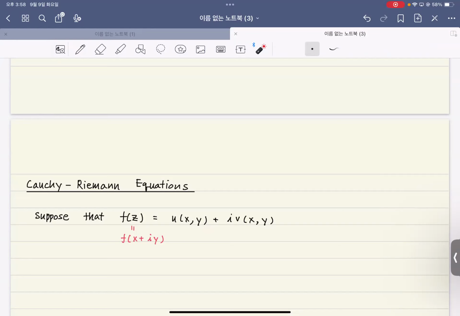Okay, and since these two functions, u and v, both depend on the x coordinate and the y coordinate, please allow me to write them as u of x and y, and v of x and y. All right. And suppose that this function is complex differentiable at z equals z0.